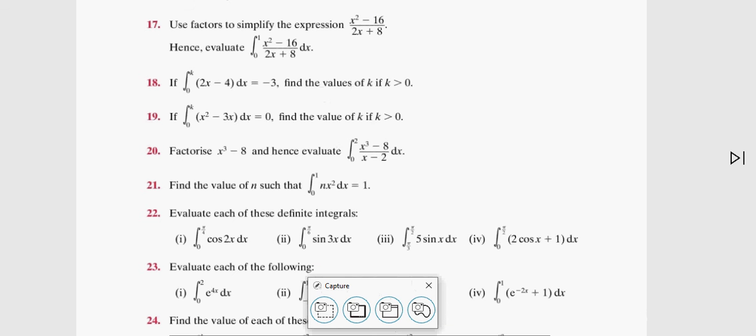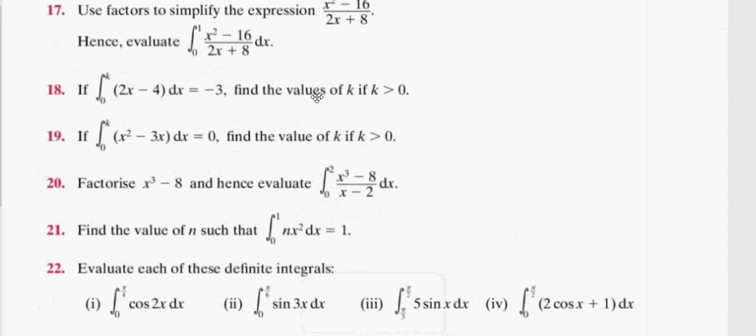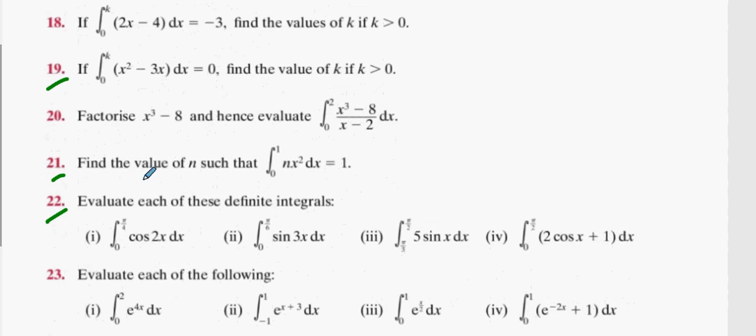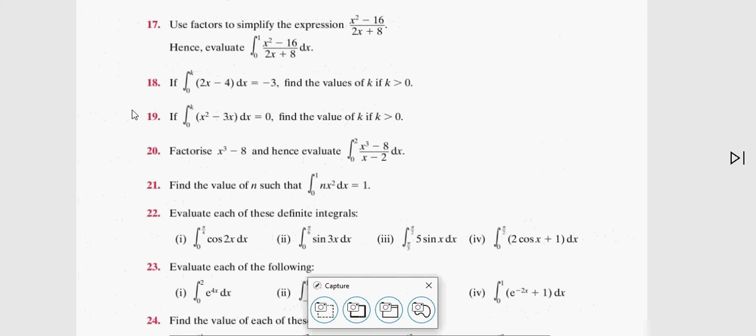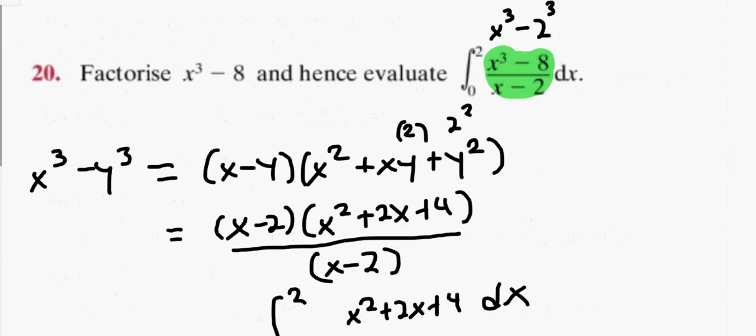I'm going to mark off some of them here. 17, 19, 21, 22, and 23. What did I do there? 22, 24, 20, 22, and 24.